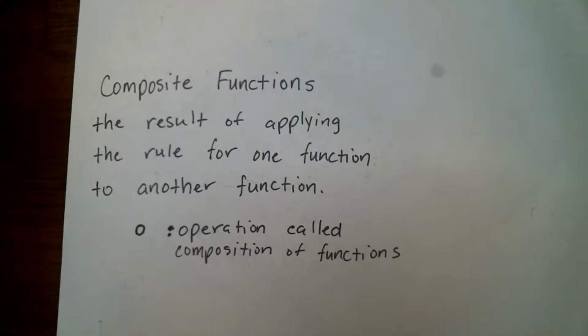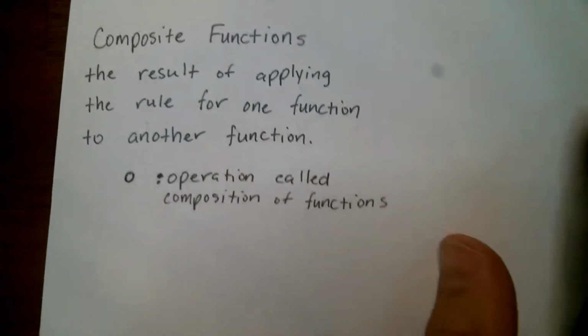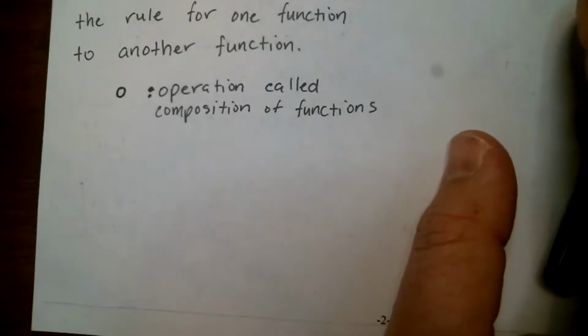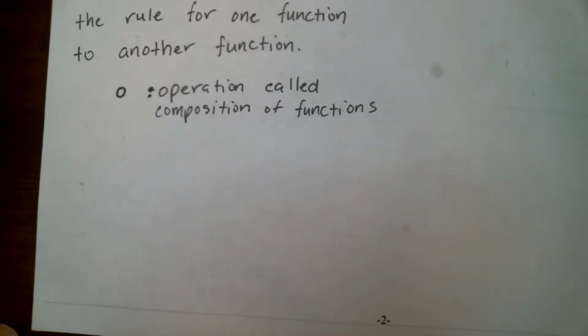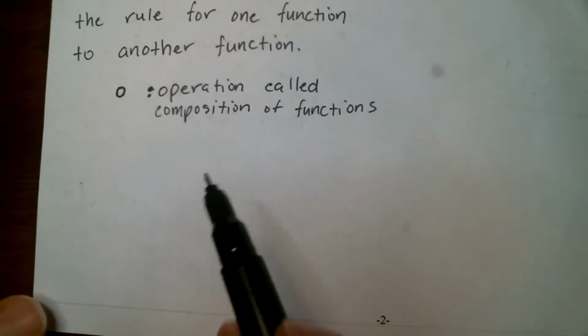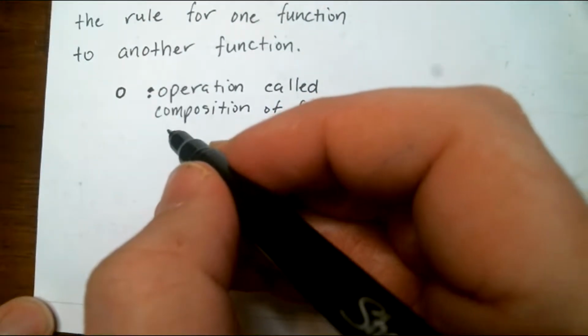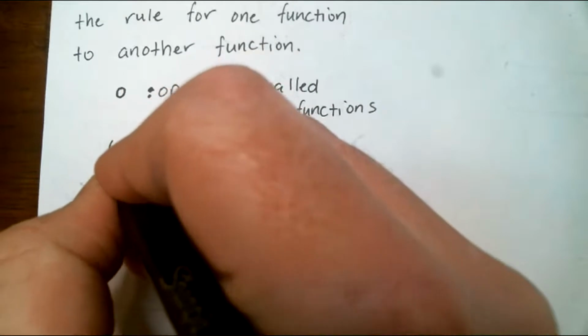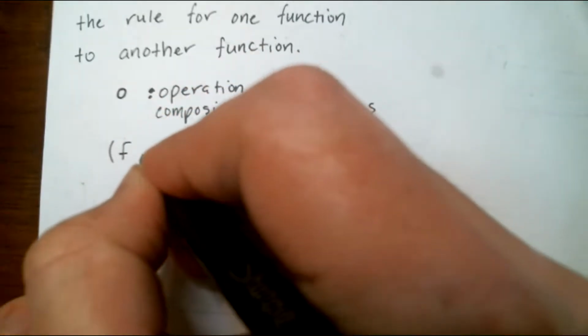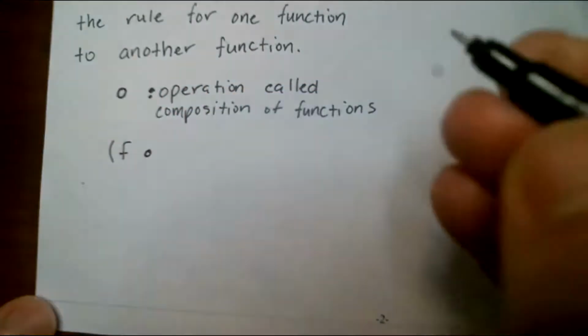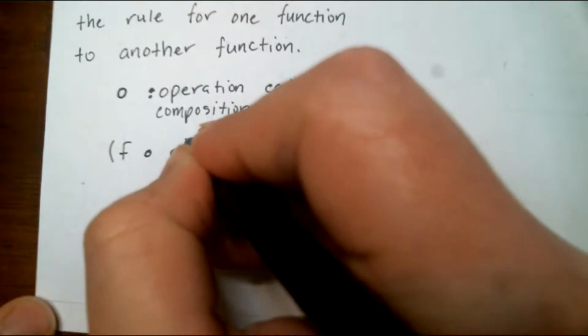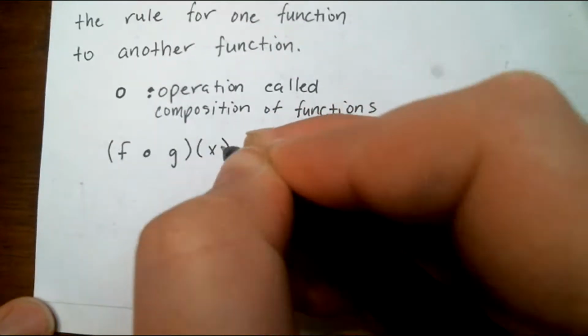So now, looking at what that looks like. You're going to see a couple different things. You could see something that looks like this: f composed with g of x, f circle g.